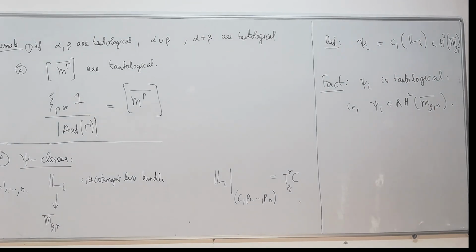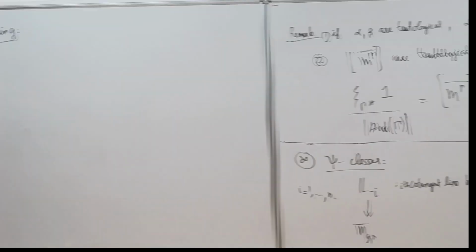But in fact, at least in genus 0, psi classes have a pretty nice expression as the Poincare dual of some codimension one thing. So what is that?